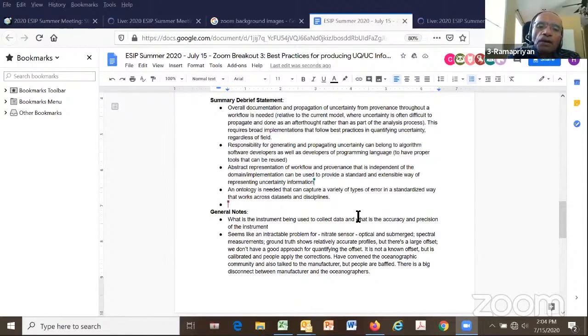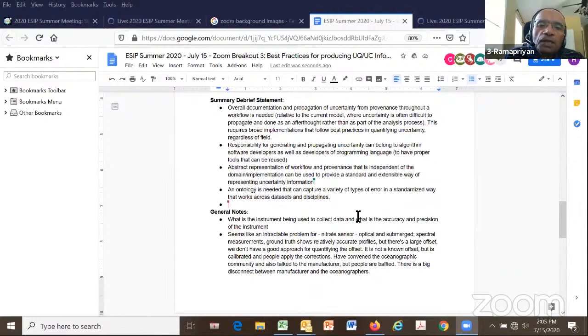So our discussion was, well, there is the summary debrief statement. Overall documentation and propagation of uncertainty from provenance throughout the workflow is needed. Uncertainty is often difficult to propagate and is done as an afterthought rather than as part of the overall analysis process.